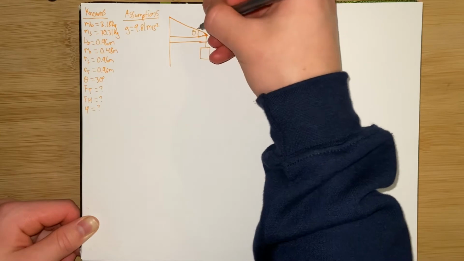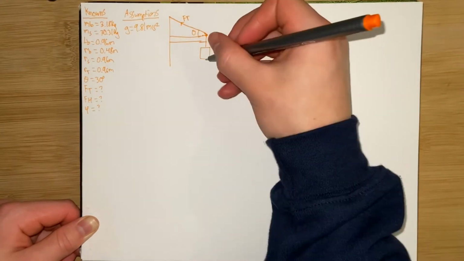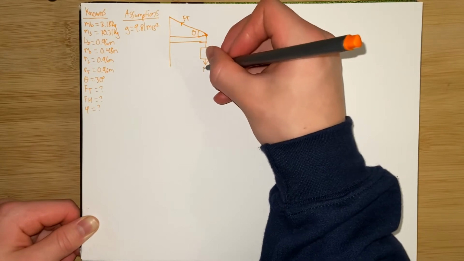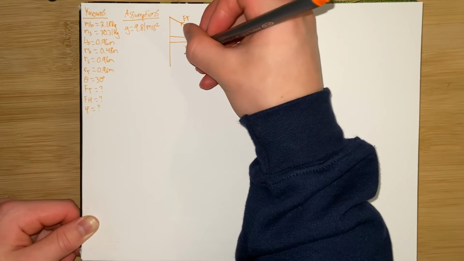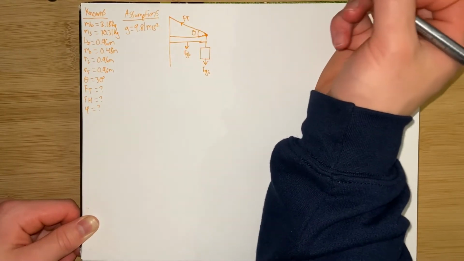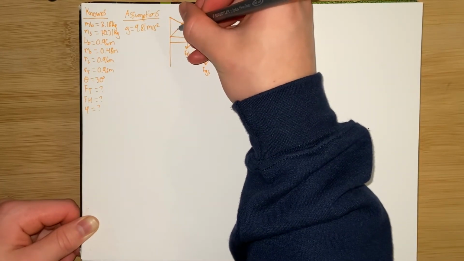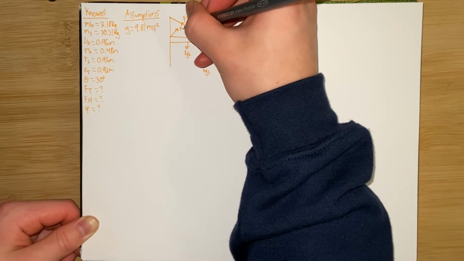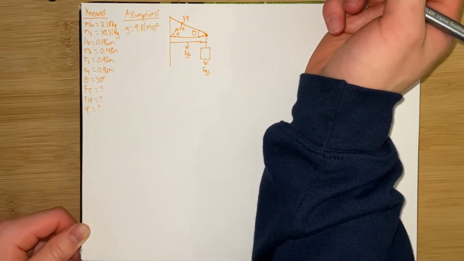The angle is theta. You have the force of the tension, force due to gravity of the sign, the force due to gravity of the board or the beam, and then we have our force of the hinge, which is acting at an angle of phi, which we do not yet know.